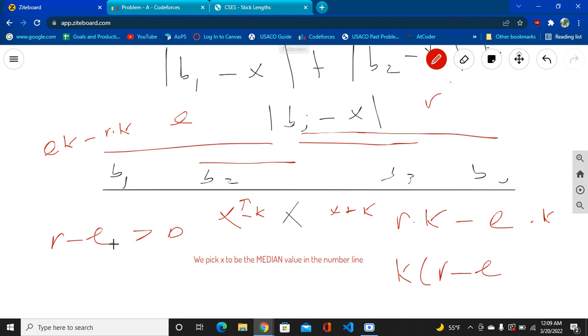And then if you do the right case, it would be x plus k, and these distances would gain L times k, so L minus R. Actually, I think I might have messed this up.